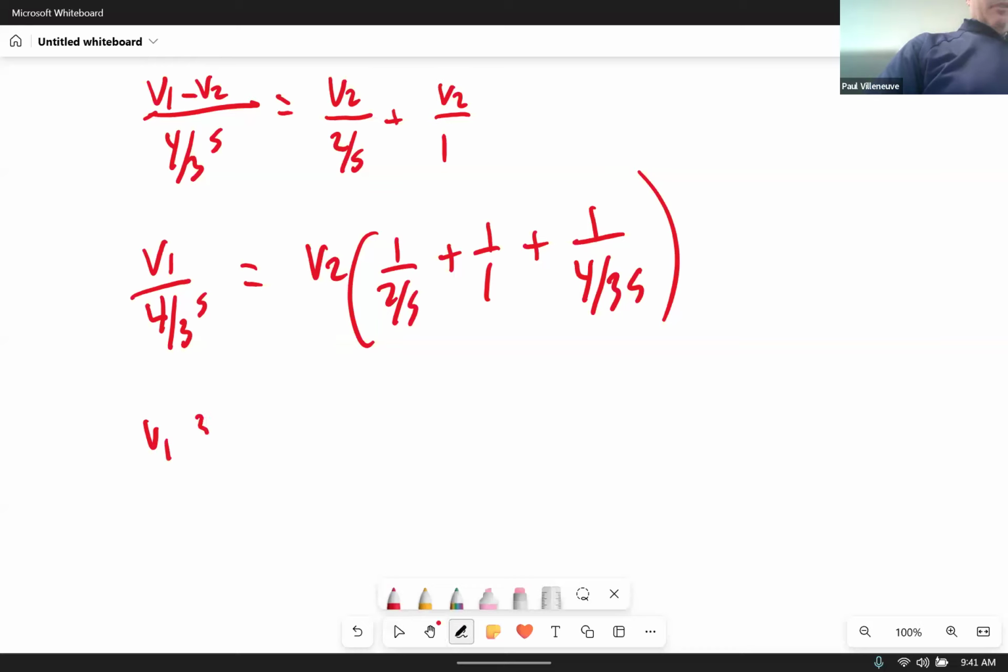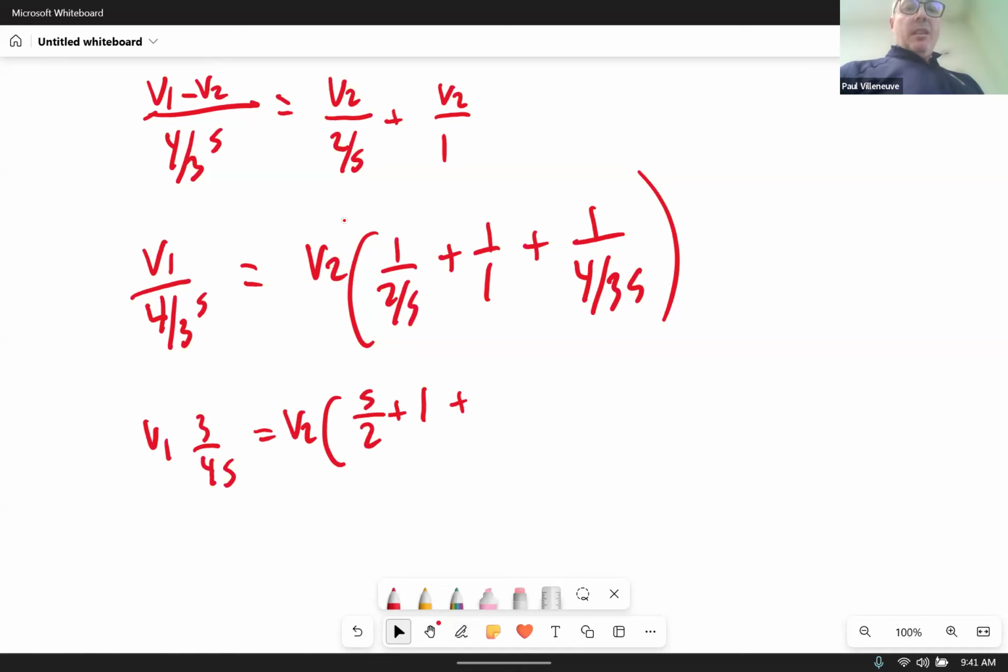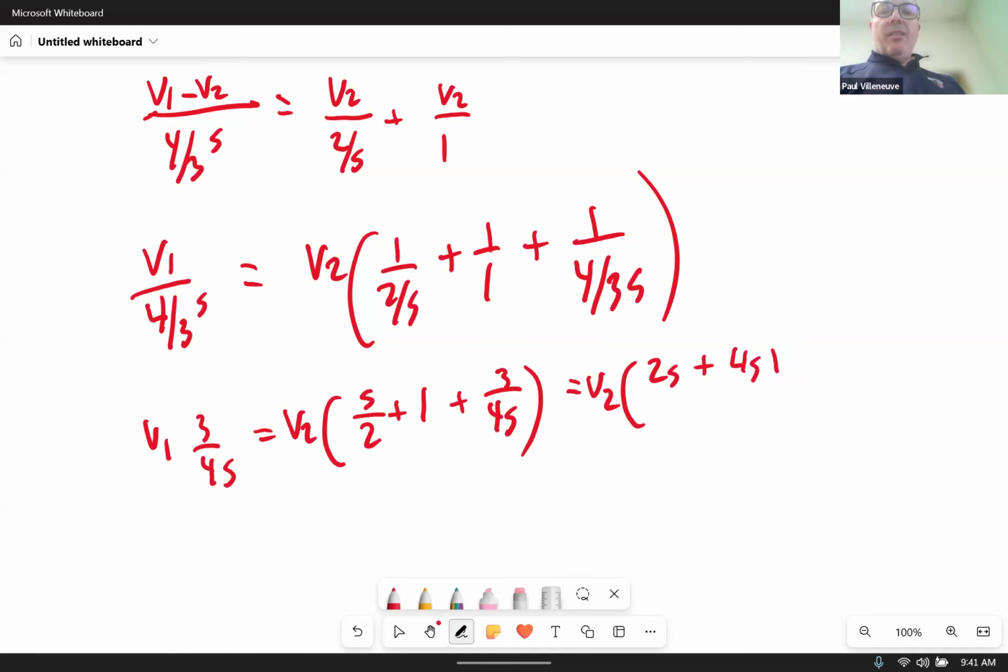V1 times 3 over 4S equals V2 times S over 2 plus 1 plus 3 over 4S. My common denominator on the right-hand side is 4S. So that equals V2 times 2S squared plus 4S plus 3 all over 4S.